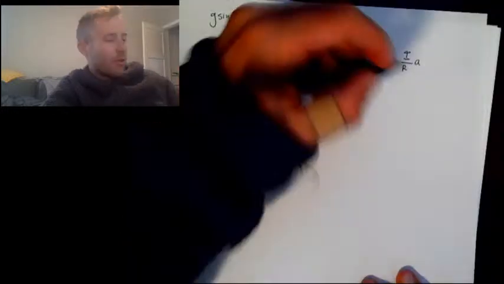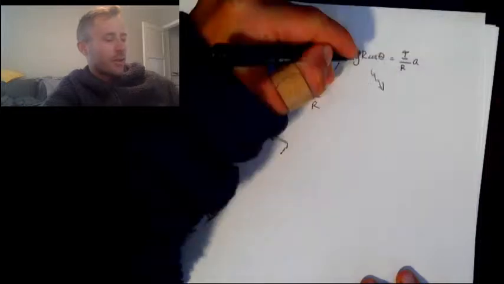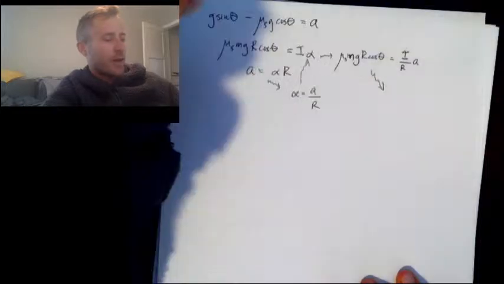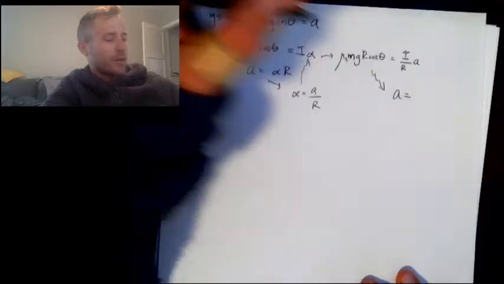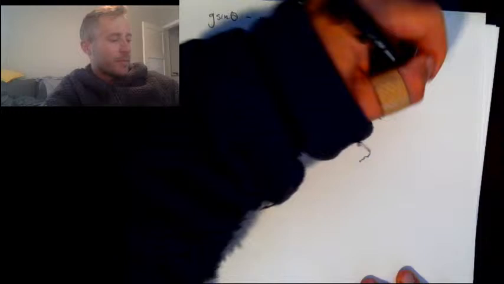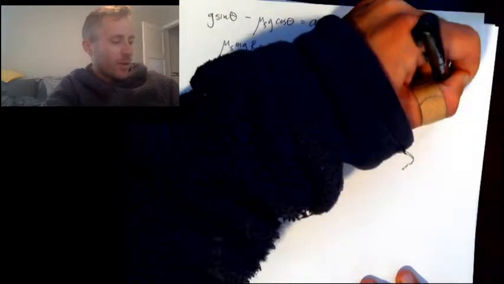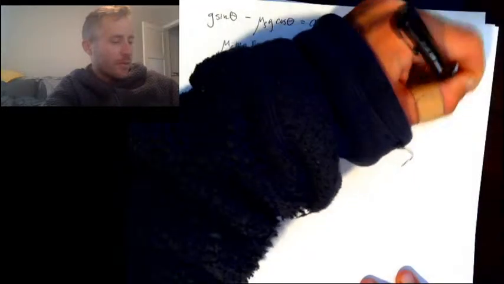I can take this and solve for the linear acceleration. So I multiply both sides by r, I divide both sides by I, and I get that linear acceleration is equal to mu sub s times g times mr squared over I times cosine of theta.